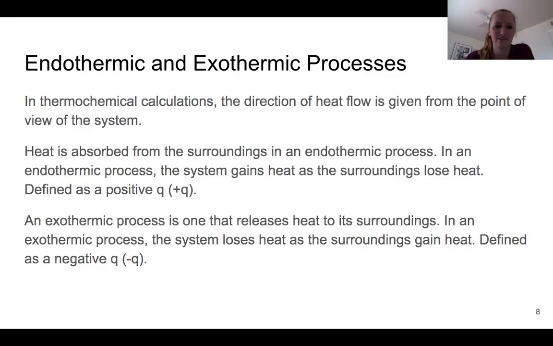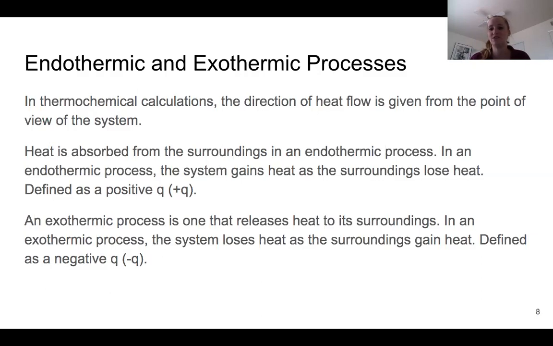Anyway, we'll talk about that in just a second. But if heat is being absorbed into the system, that is what we call endothermic. So I like to think of endo, it kind of sounds like into. So things are going into something, okay? So heat is being absorbed.